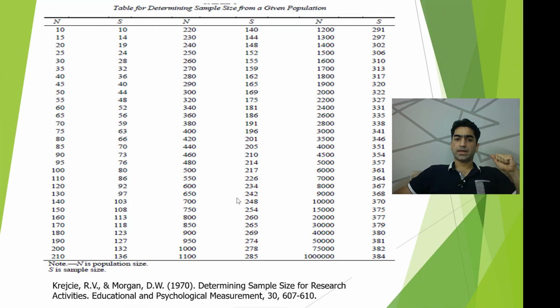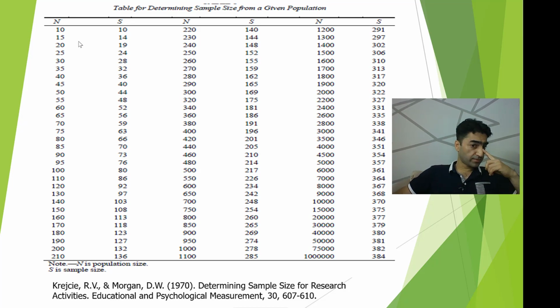Then there is another method, which is quite common in Pakistan. I can see so many students follow this criteria. It's basically a table by Krejcie and Morgan. They developed it in 1970, and I believe it's also based on a statistical formula. Here we have the total count of the population, and here we have the sample size.